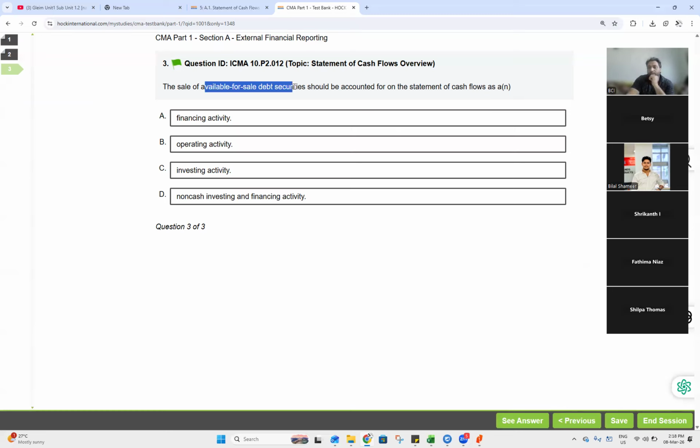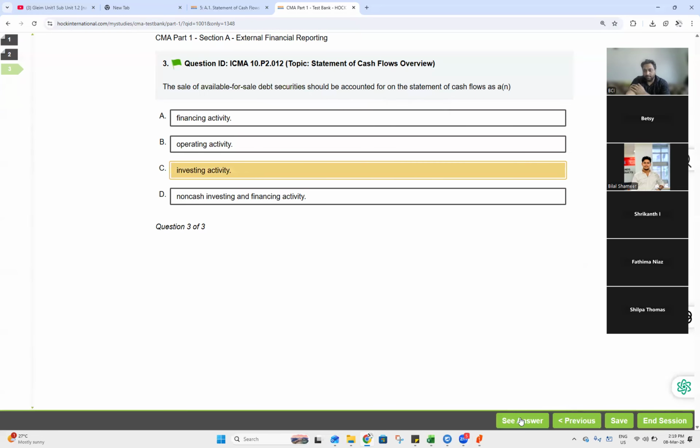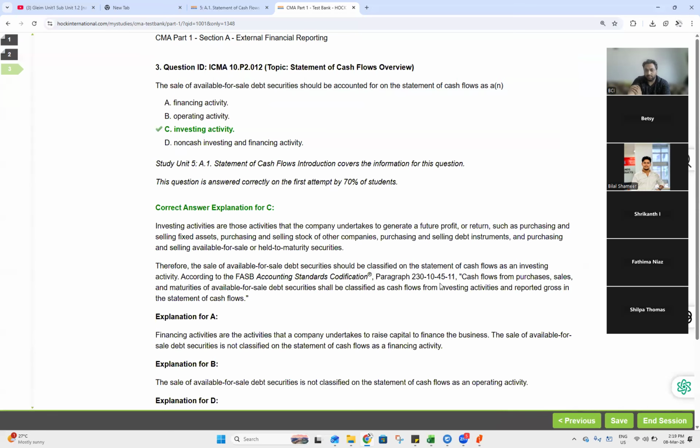Available for sale debt securities means we purchase some debt securities as investments. Clear? Then when we purchase, we thought we would hold it till maturity. Later on, we decided no, we will not hold till maturity, we will sell it off. So it should be under investing, right? Investing. Got it?